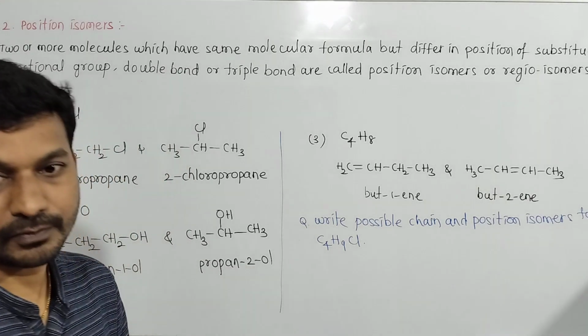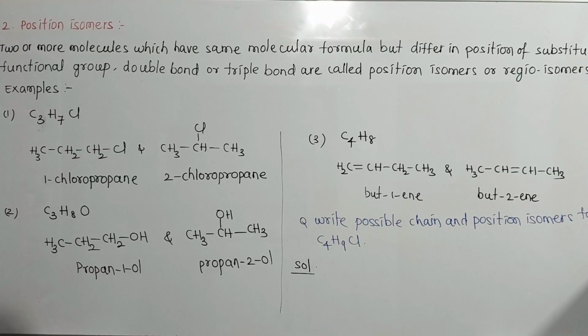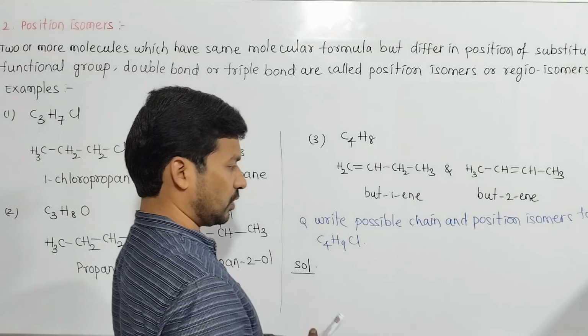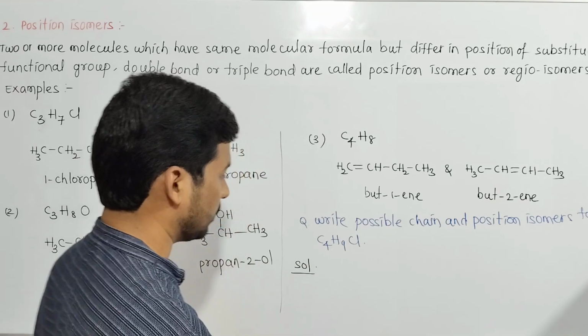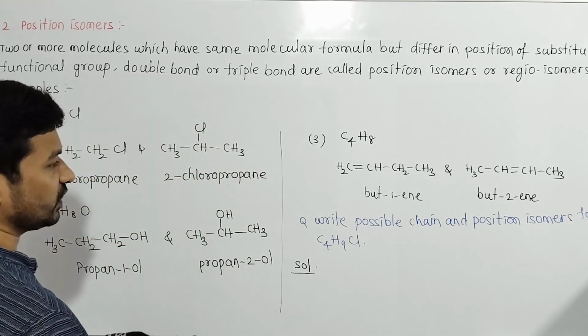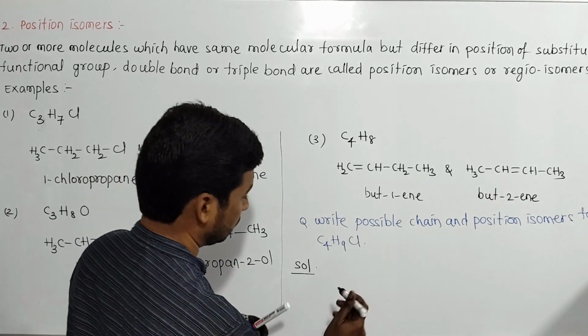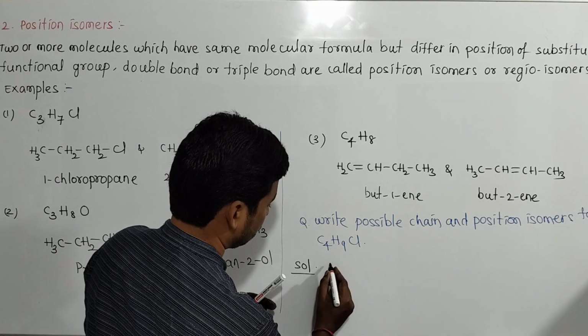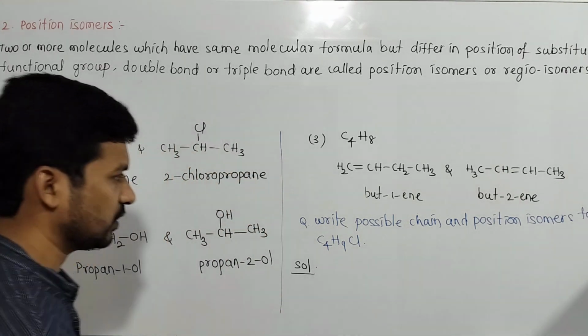Right? 4 chain and position isomers are possible. They are as follows. So first write up to here.